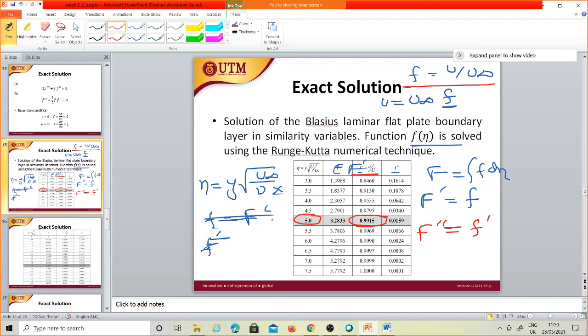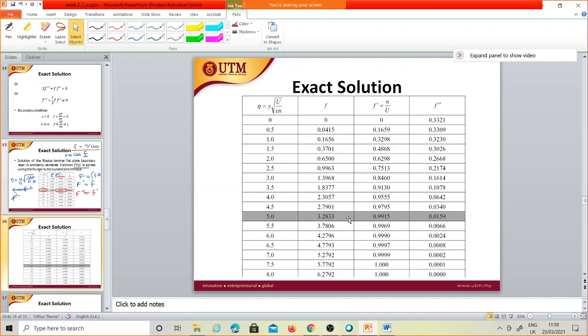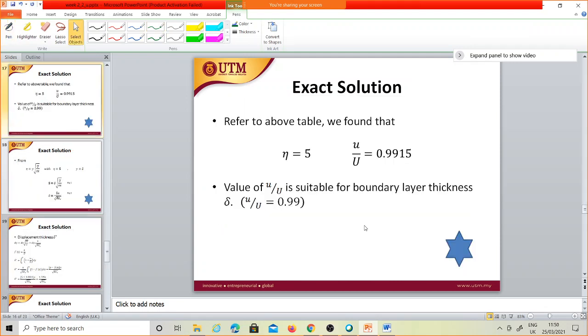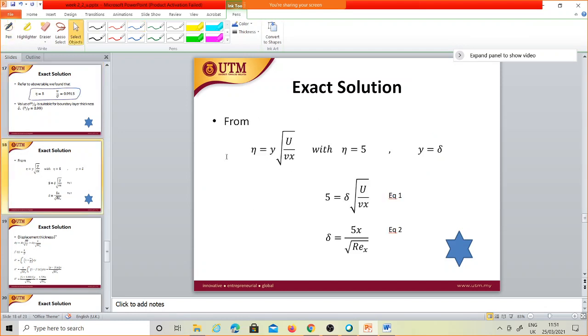So whenever eta is 5, you satisfy the condition for boundary layer thickness. This is your breakthrough. So when eta is equal to 5, your ratio is this one.